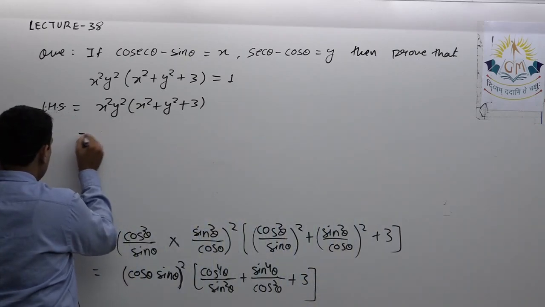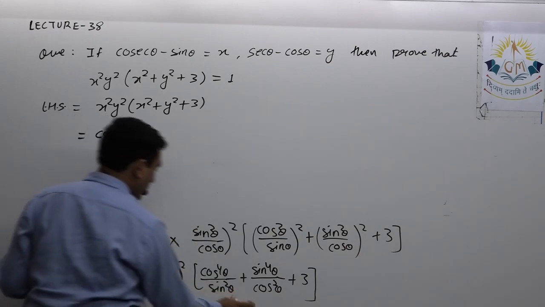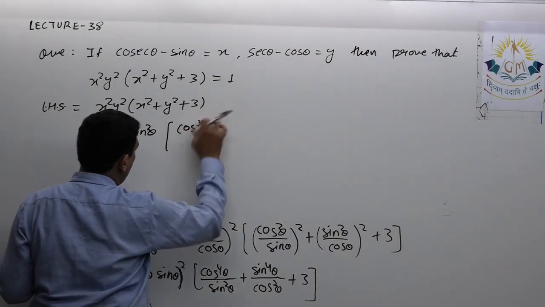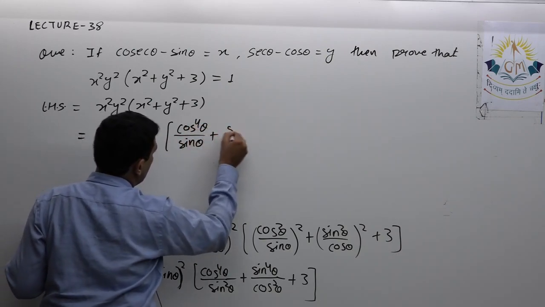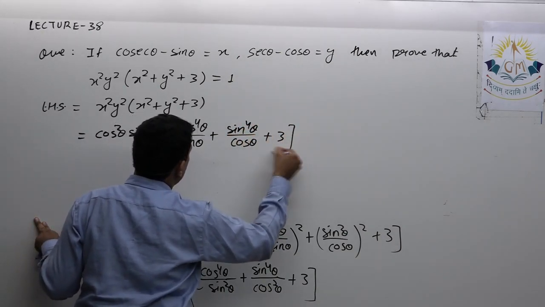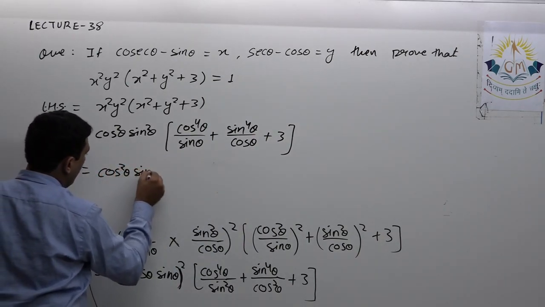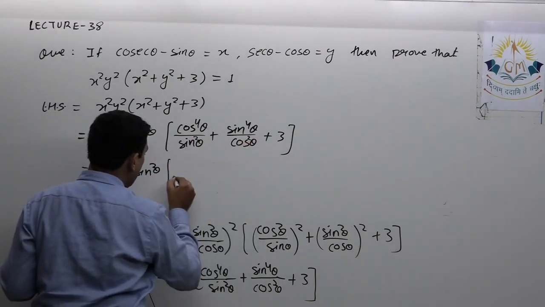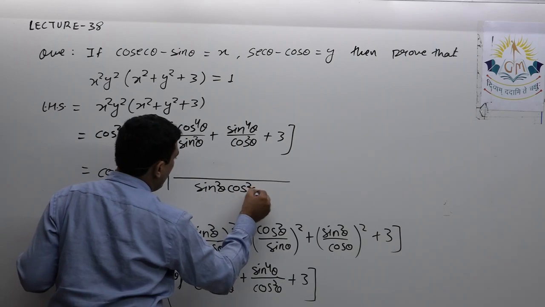So here I will get cos square theta sin square theta. Now over here, first of all I am rewriting this step actually. Cos raised to 4 theta upon sin square theta plus sin raised to 4 theta upon cos square theta plus 3. So here cos raised to 2 theta sin raised to 2 theta. Now over here I'll take LCM, that is sin square theta cos square theta.